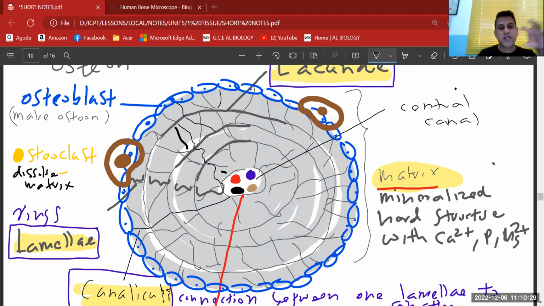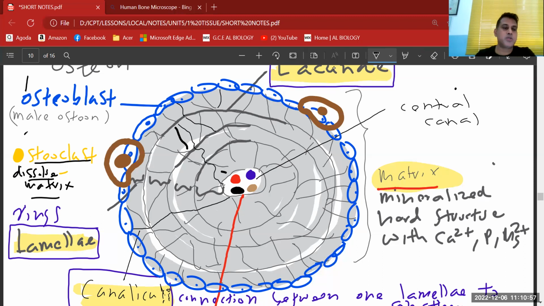They try to break the matrix to release calcium. We will learn the exact functions of each cell in the future when we learn the skeletal system, but just for understanding, osteoblasts make it, osteoclasts can break it, or just remove calcium from the bones.